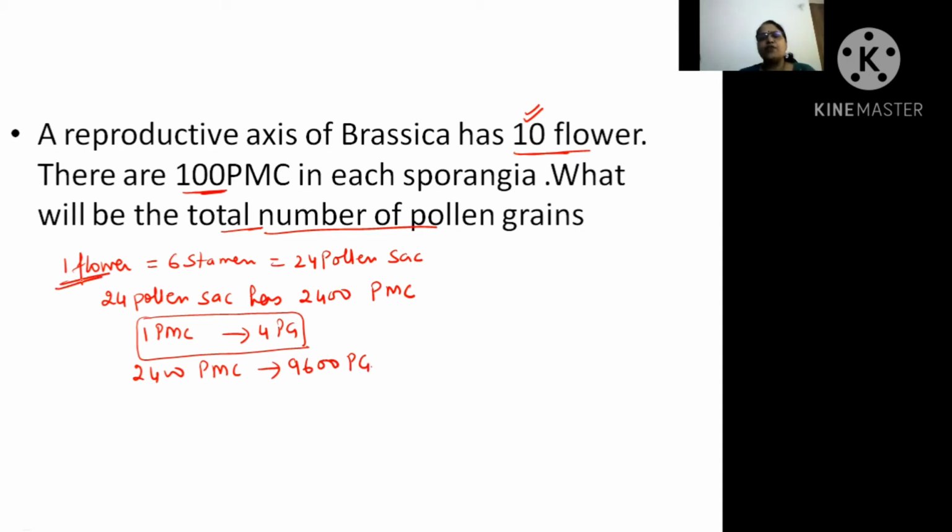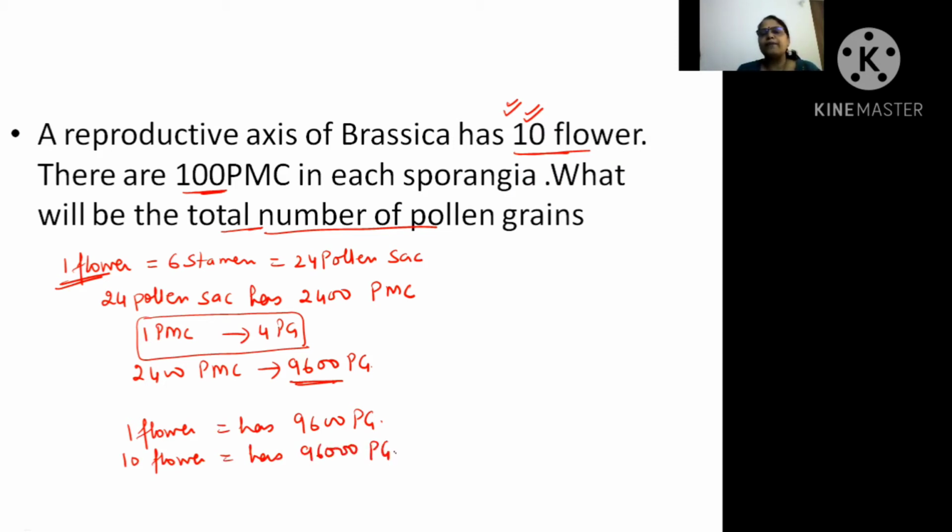We are solving first with one flower. Now they have given us 10 flowers. So one flower has 9600 pollen grains, so 10 flowers will have how much? Easy now. It has 96000 pollen grains. I hope up till here your concept is getting clear on how to solve.